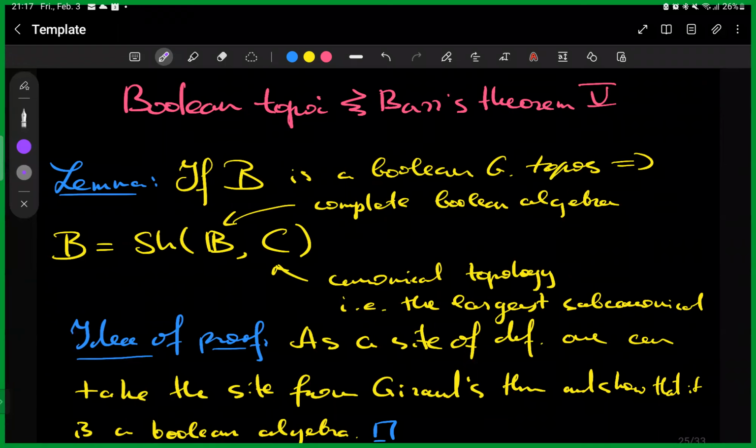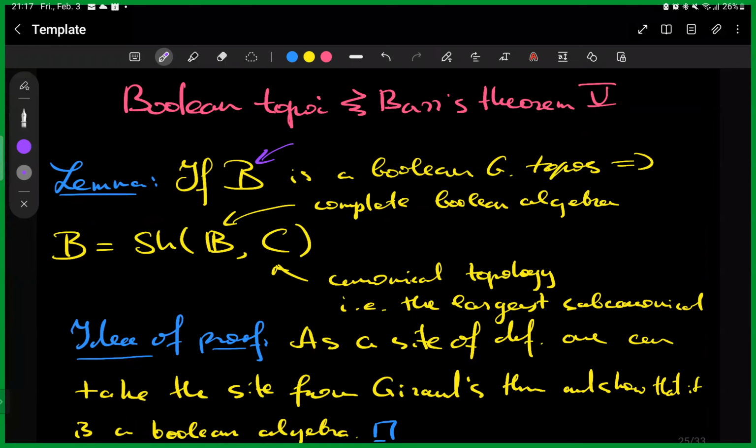So if B is a Boolean Grothendieck topos, then it is actually equivalent to a category of sheaves on a complete Boolean algebra with canonical topology. So canonical topology is the largest such topology that all representable functors are sheaves.